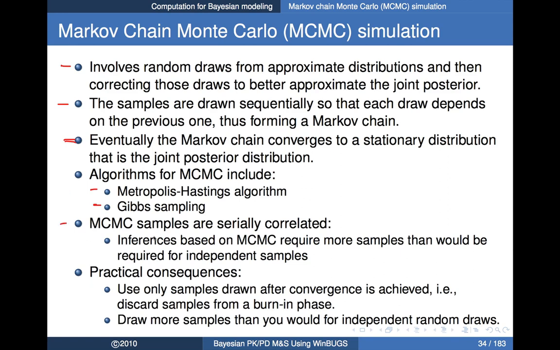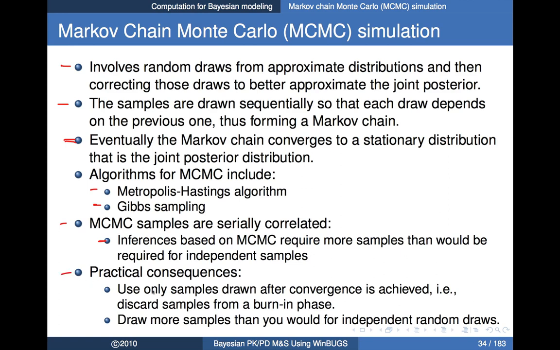I already mentioned that the MCMC samples are not independent of each other. They're actually serially correlated. And one consequence of that is that inferences based on MCMC require more samples than would be required for independent sampling. In other words, you need more in order to get the same precision.